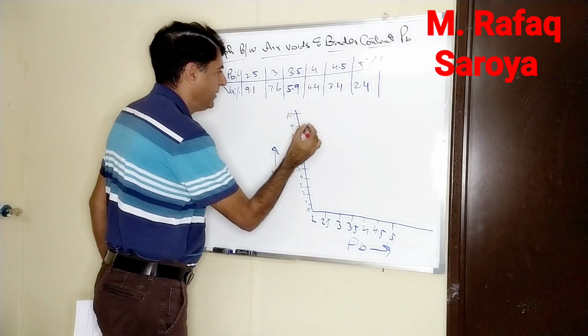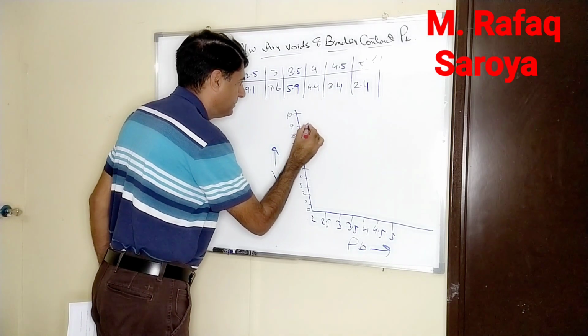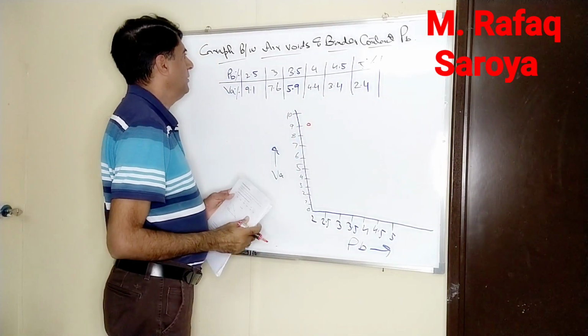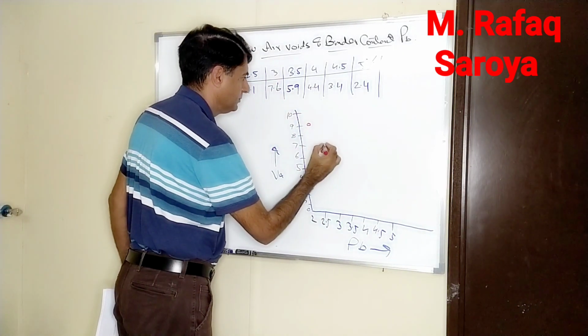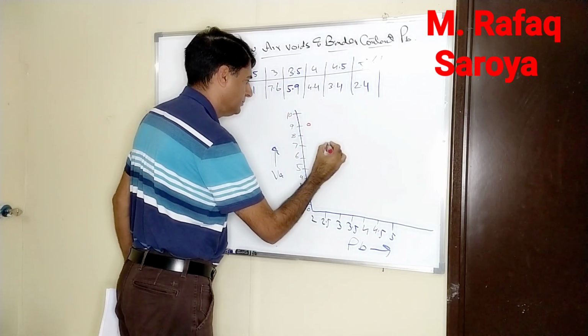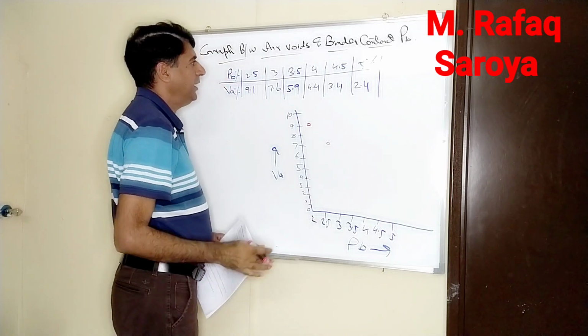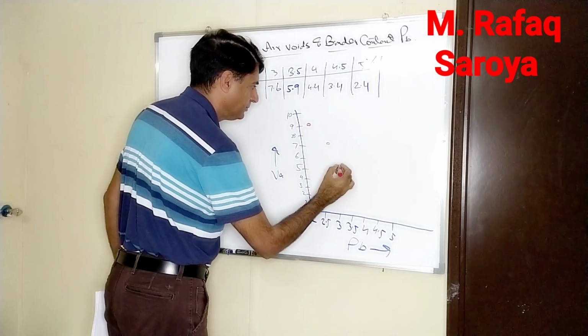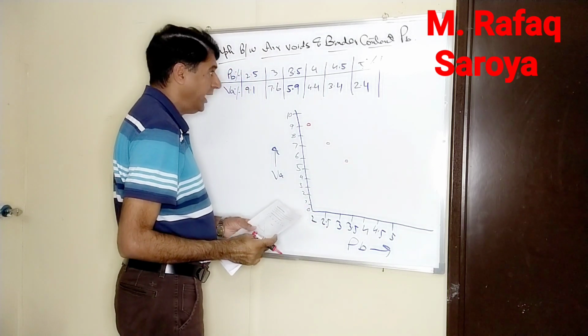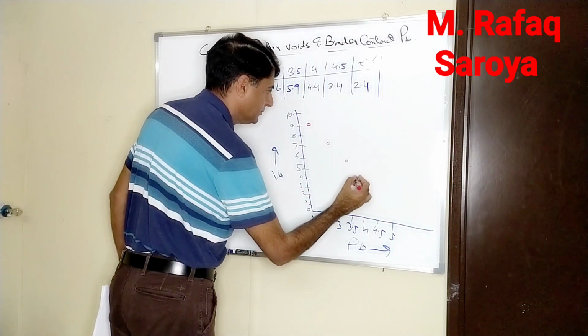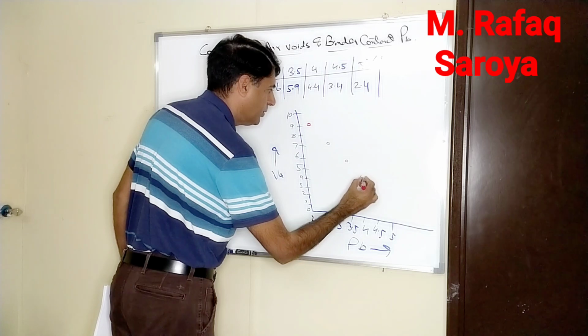When these values are plotted along the x-axis and y-axis, when the binder content is 2.5, air void is 9.1%, so it is at this point. When binder content is 3.5, it is 7.6 at this point. At 4, it's 4.4.